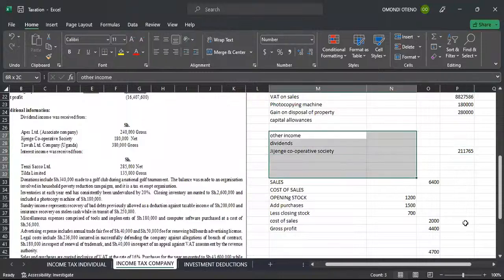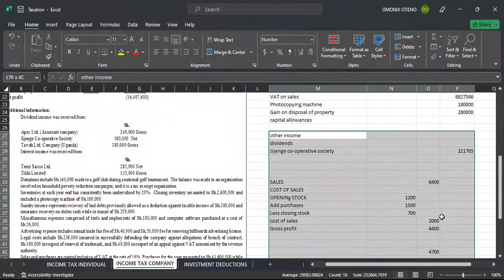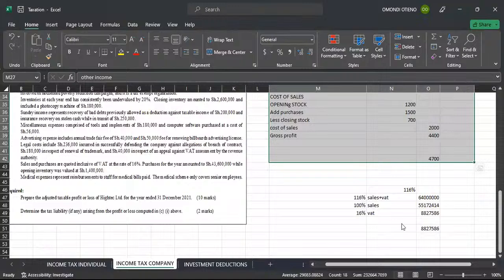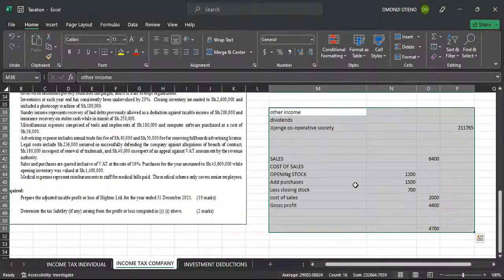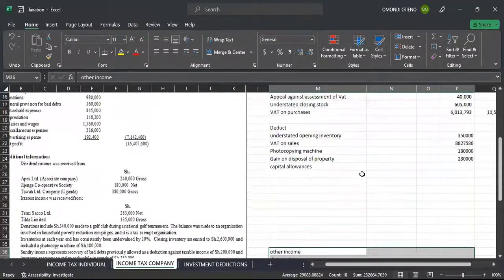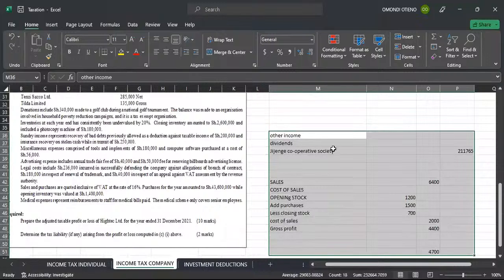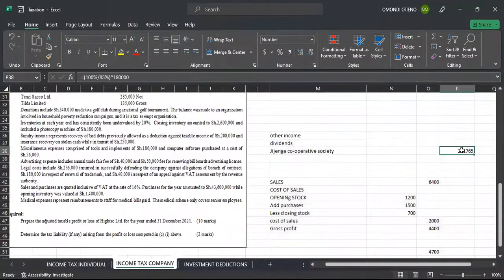I believe tunapatana hapo. That is what we've actually done. Check this one. It is 100% divided by 85%, multiply by 180,000.